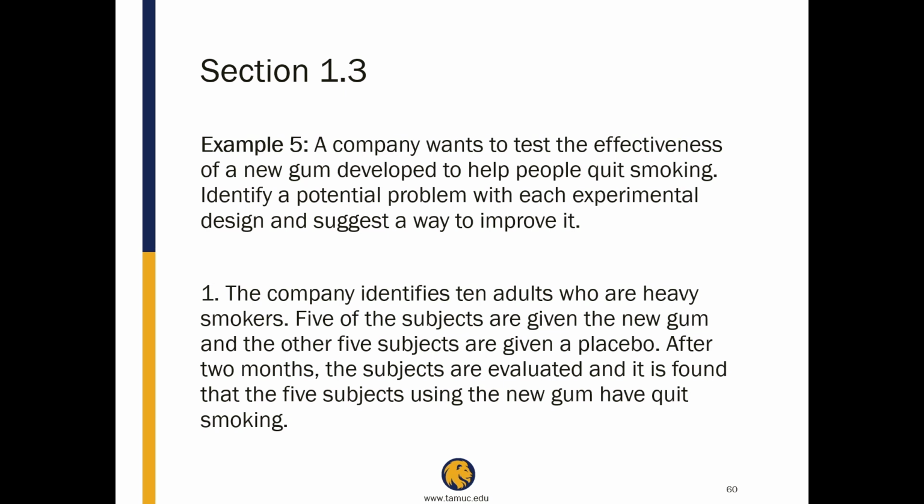One way of potentially doing this is they identify 10 adults who are heavy smokers. 5 of the subjects are given the new gum, and the other 5 subjects are given a placebo. After 2 months, the subjects are evaluated, and it is found that the 5 subjects using the new gum have quit smoking. Let's evaluate that.